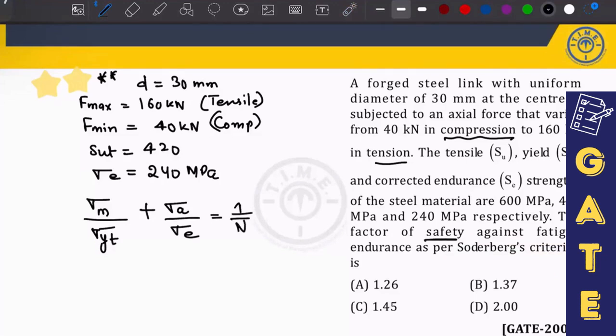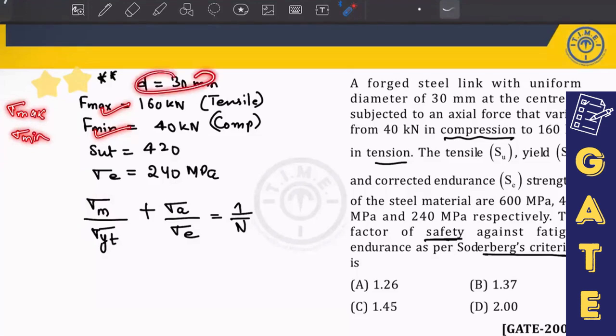So you have to calculate the factor of safety based on this particular criterion. You can easily calculate the mean and the variable value, because maximum force is given and minimum force is given. That means the stress value you can calculate, yes or no? Because diameter is given, force is given.